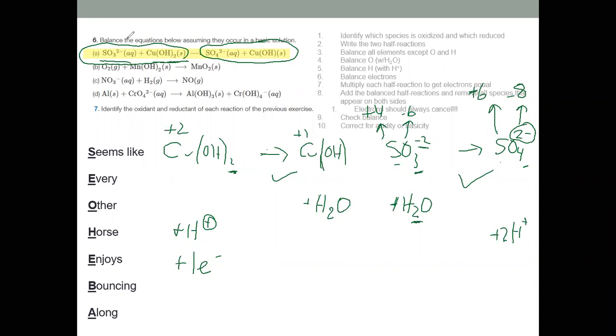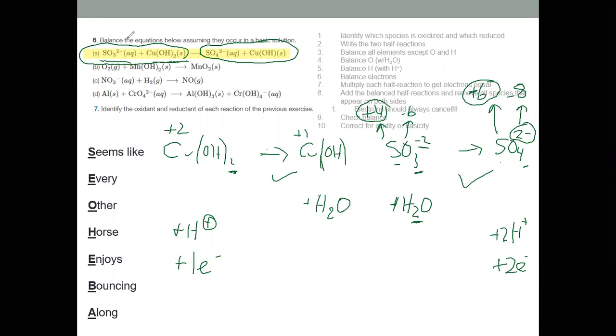All right, so we got a +4. Let me just circle these. Now we got a +4 sulfur and a +6 sulfur. So what I'm proposing is that we're going to need to add 2 electrons to that side of the equation in order to get our +6 down to +4, so that those charges will balance for us.